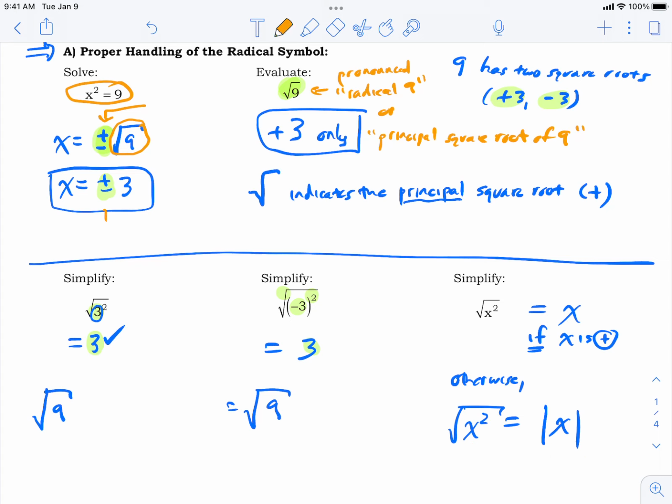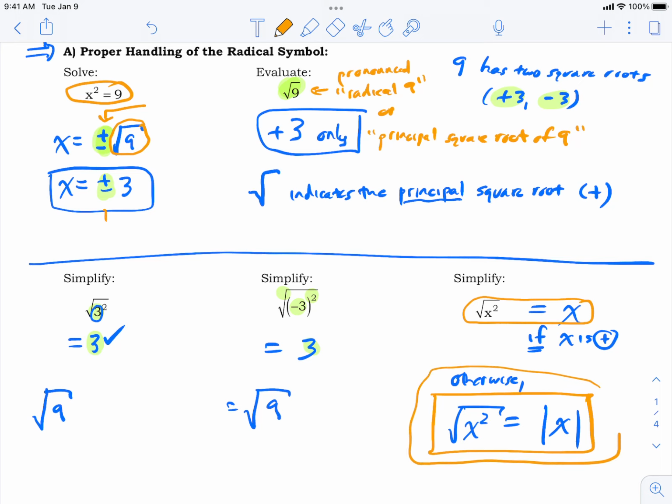So if you know that x is positive, then you can write this: radical x squared is equal to just x. Otherwise, you have to put these absolute value bars on there and say radical x squared is actually the absolute value of x.